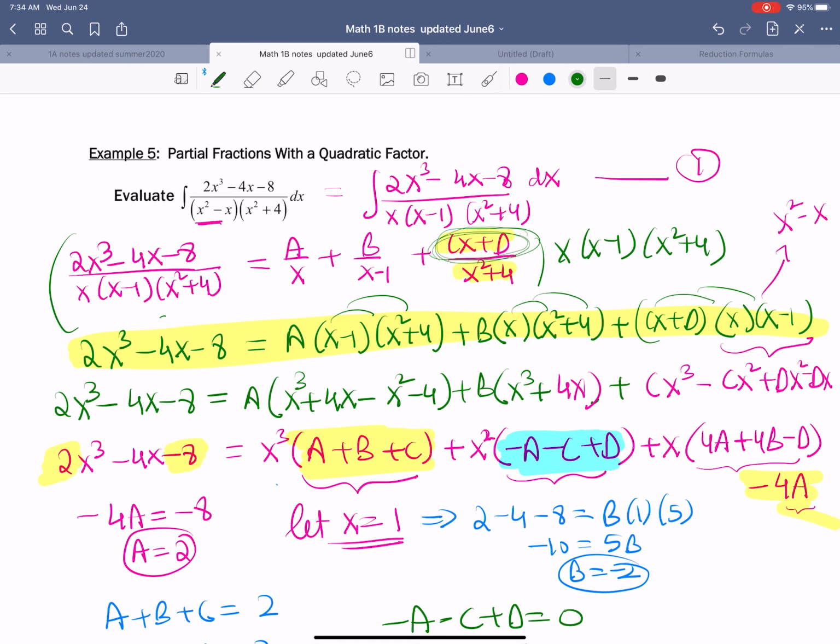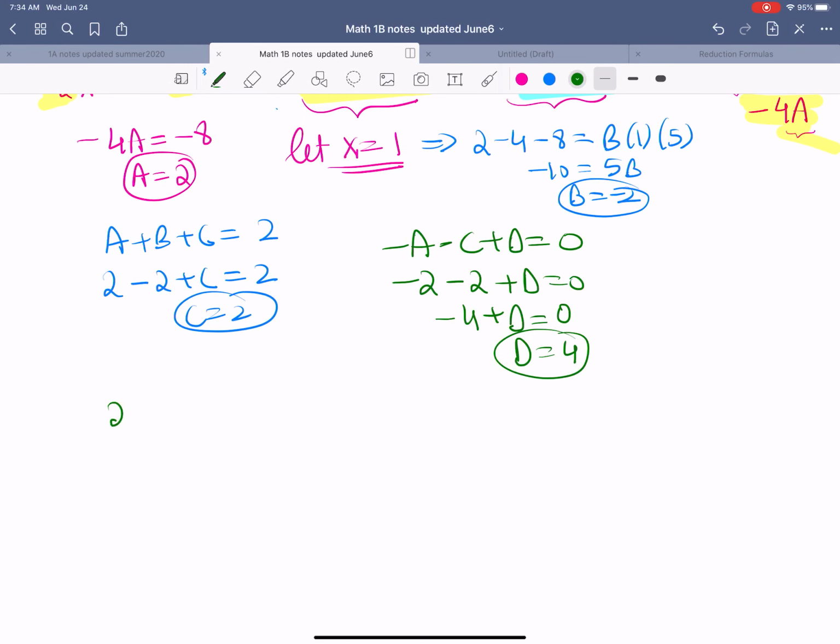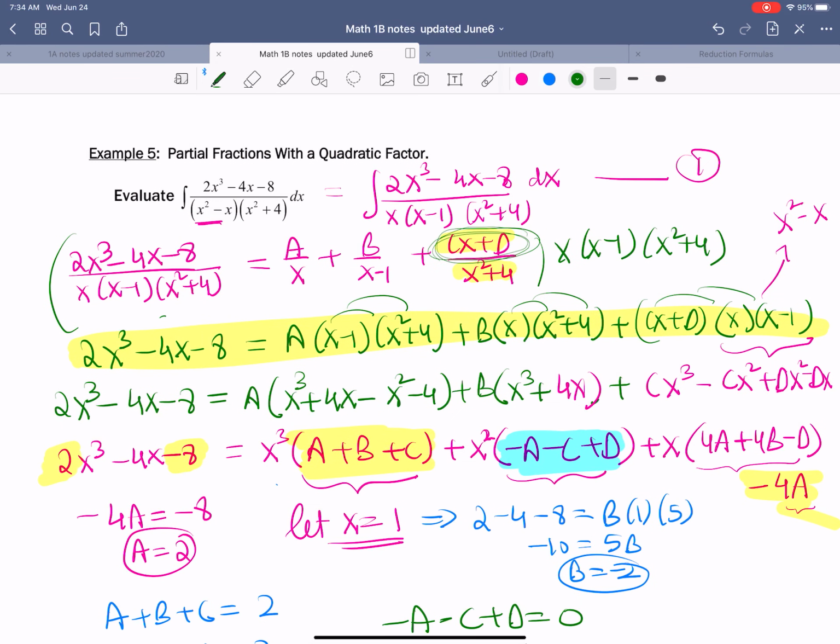Now isolate the fractions. A over x plus b over x minus 1 plus cx plus d over x squared plus 4. Now I'm plugging these a, b, and c back into this fraction to set up our integral.